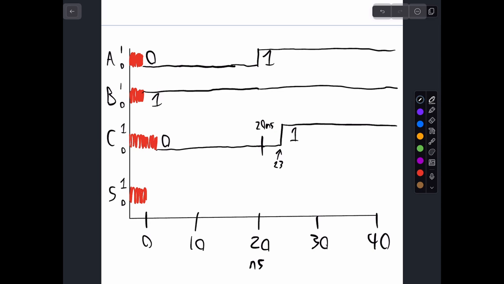All right, cool. And then for S, what is going to happen here? Yeah, so it's going to squiggle for how many nanoseconds? 10. Yeah, okay, so 10. And then after that, what happens?